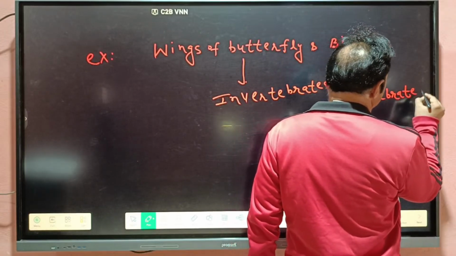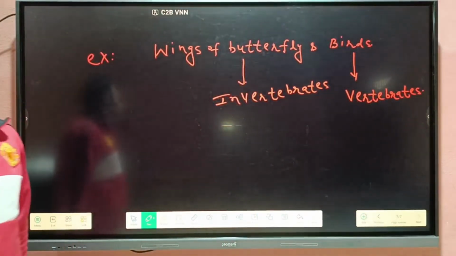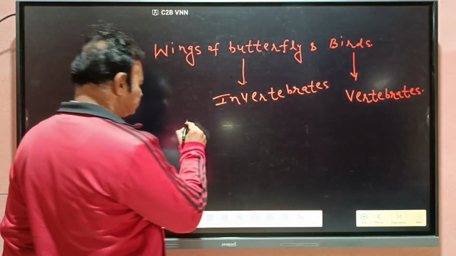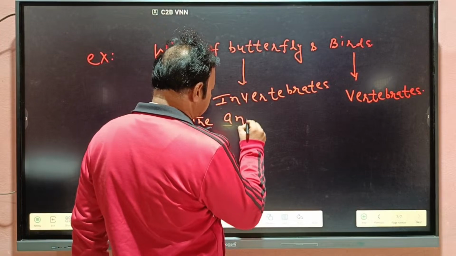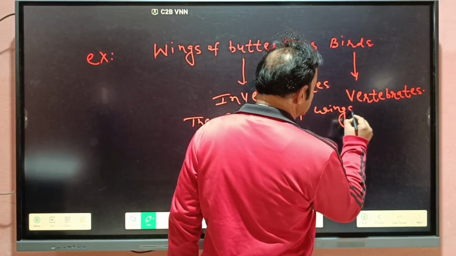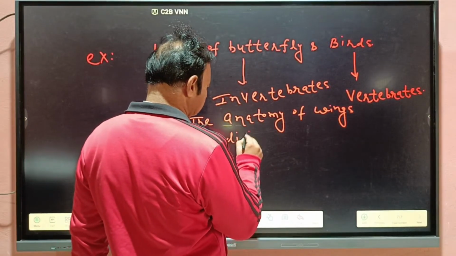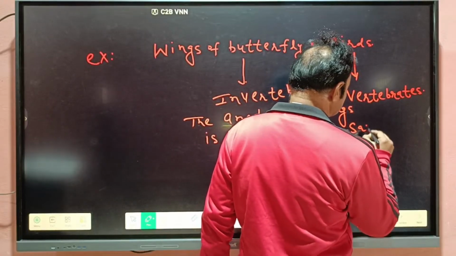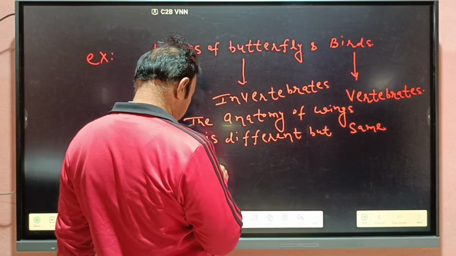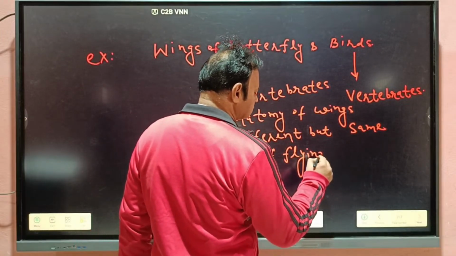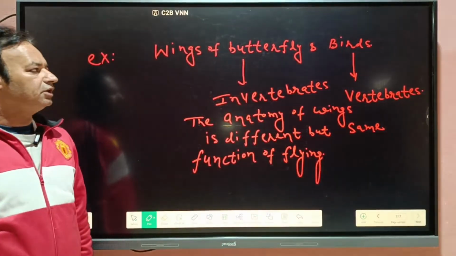The internal design is different, the anatomy of the wings is different, but the function is the same: flying. So we can say that these are analogous organs.